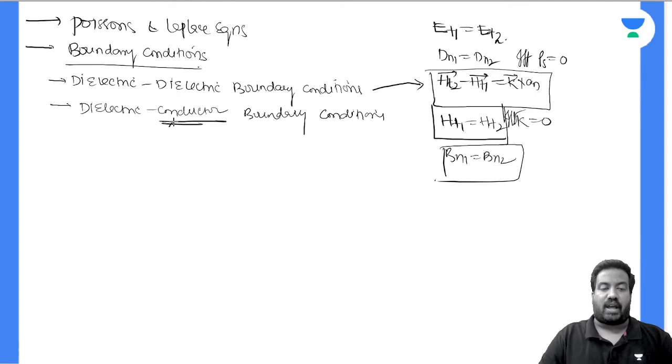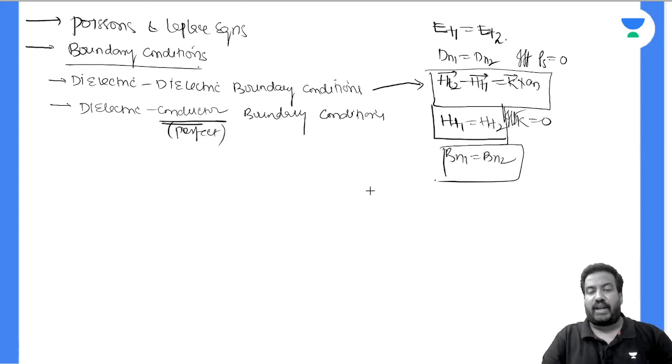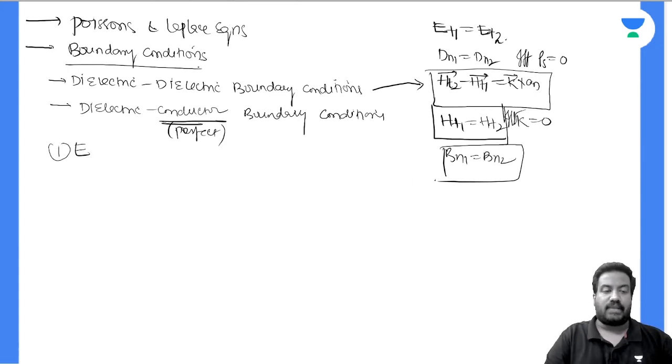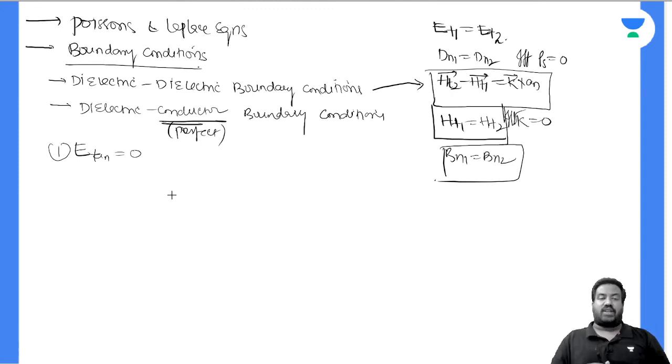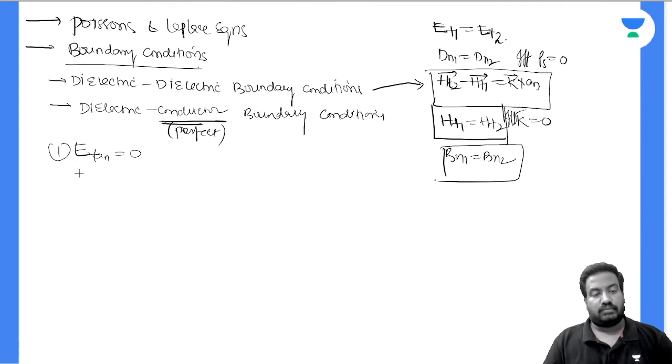When you take a conductor or perfect conductor, as you know, no field can exist inside a perfect conductor. These boundary conditions will change as E tan is equal to 0. Tangential component of electric field on the surface of a perfect conductor is 0. D normal is equal to rho s.